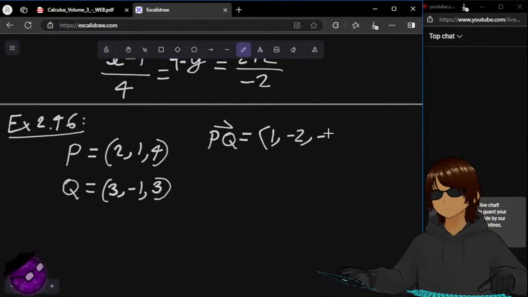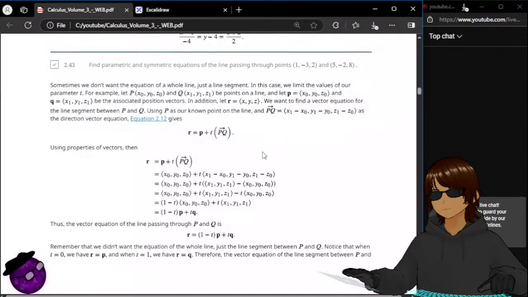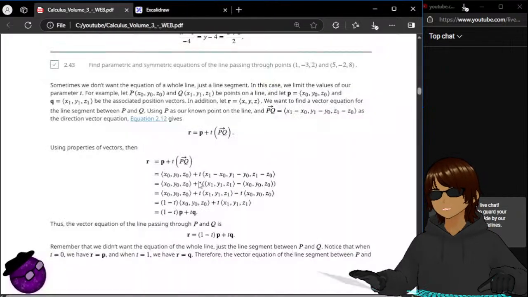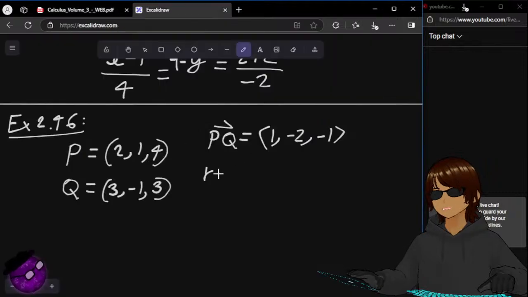Then 3 minus 4 is -1. So we have R, which is any point on the line segment. This is XYZ, equal to vector P plus t PQ.